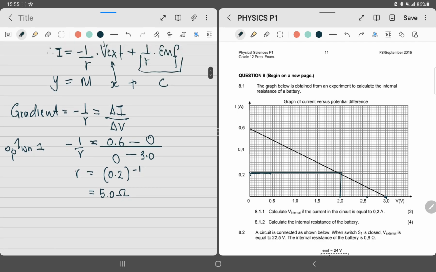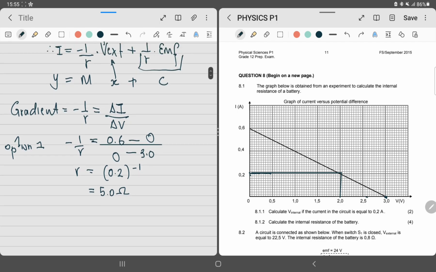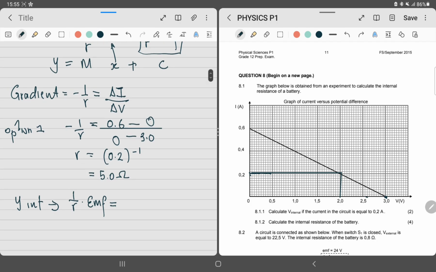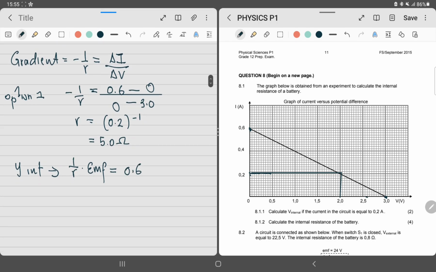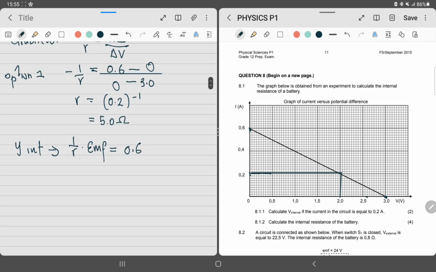You can even use the y-intercept. For the y-intercept, 1 over R multiplied by the EMF should be equal to the y-intercept. The y-intercept is 0.6 at that point. So all of this should be equal to 0.6.